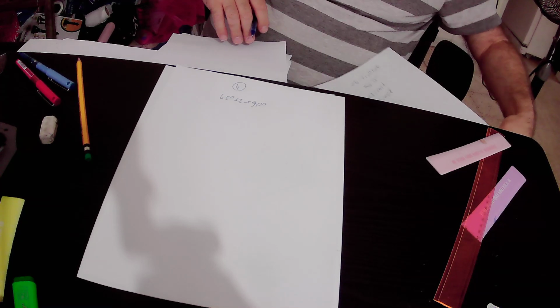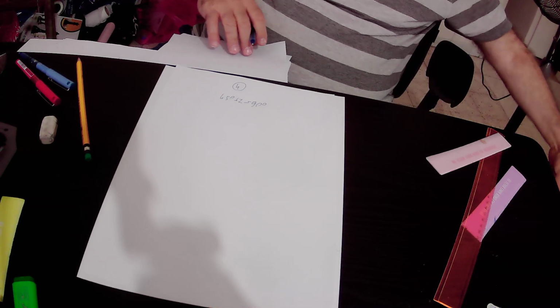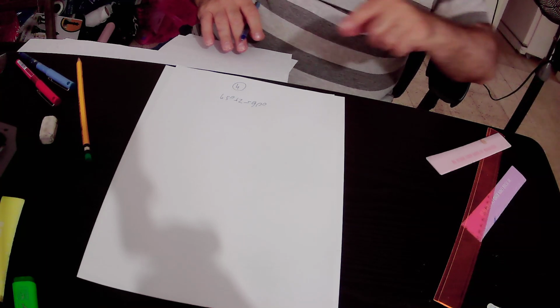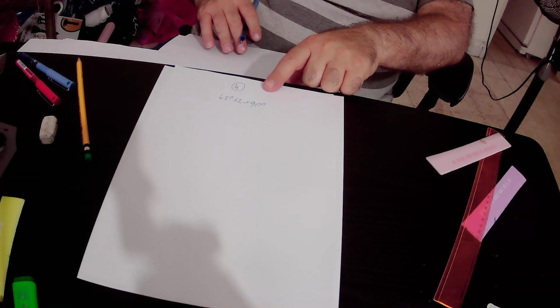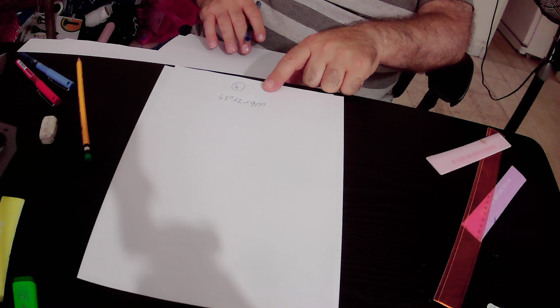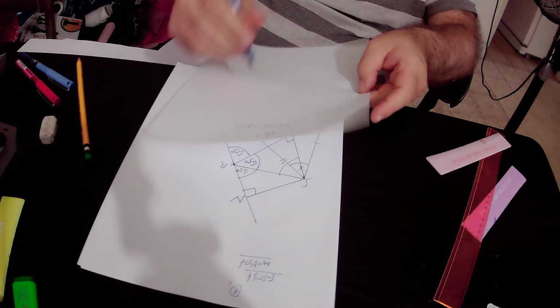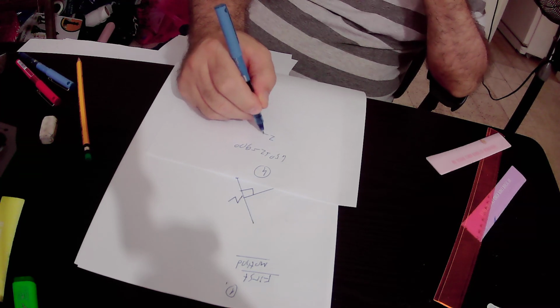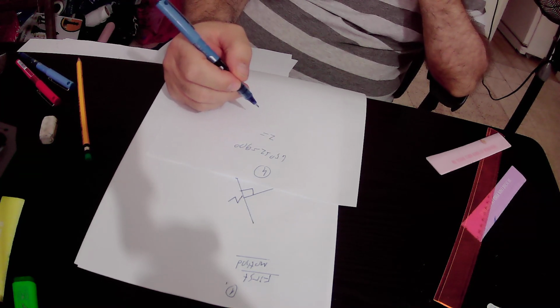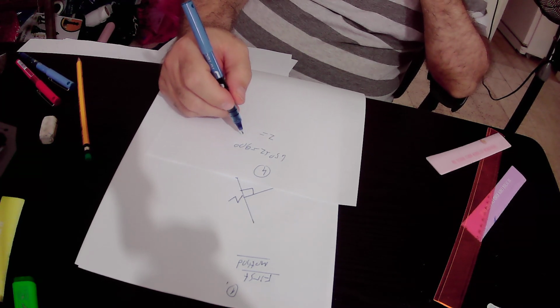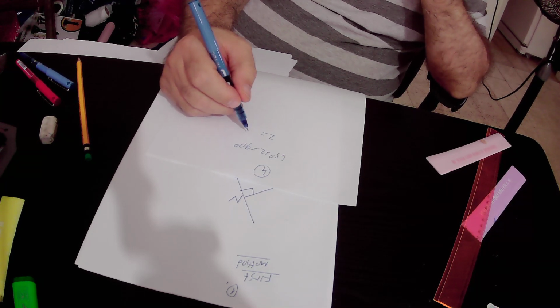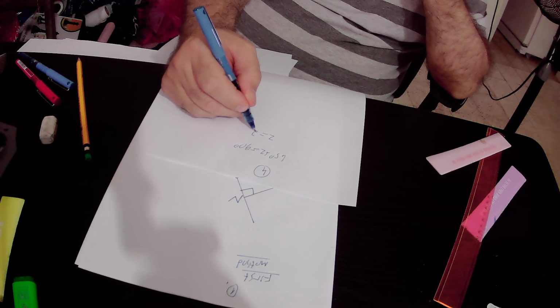Here we subtract 65 degrees from this equality, and we get that angle Z equals 90 degrees minus 65 degrees, which is 25 degrees.